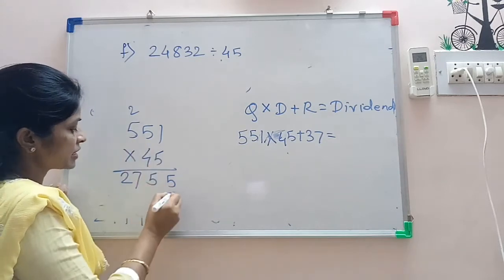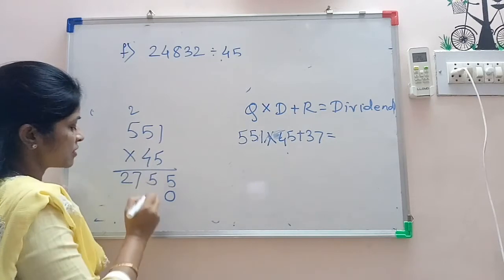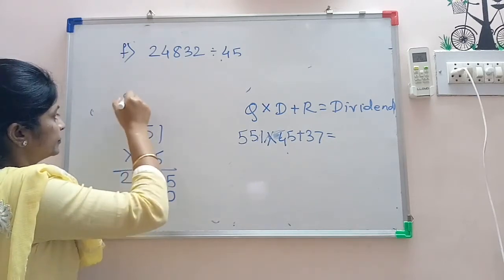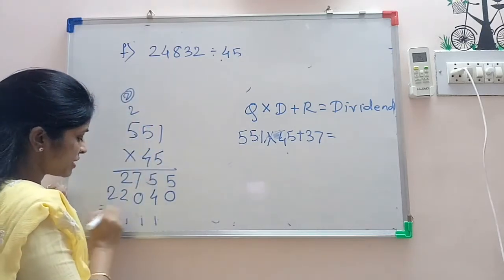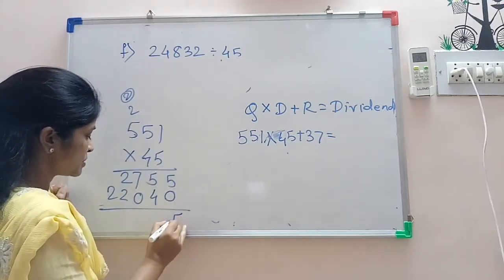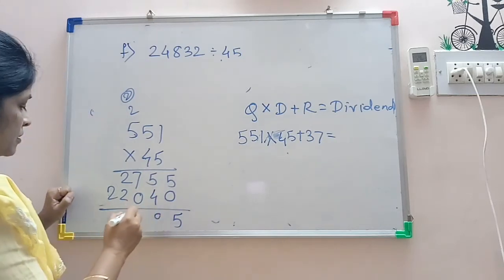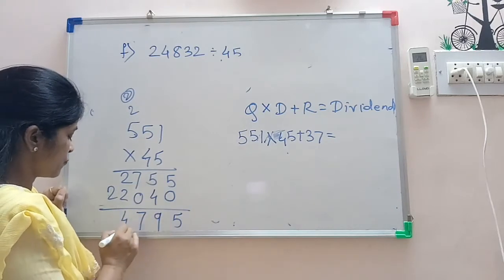Then we will start with the next, multiplying by 40. So we are putting this here, 4 1s are 4, 4 5s are 20, 2 carry, 4 5s are 20 plus 2 is 22. Now we will add it, that becomes 5, 5, 9, 7, 4, 2.